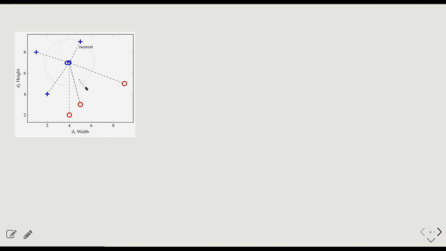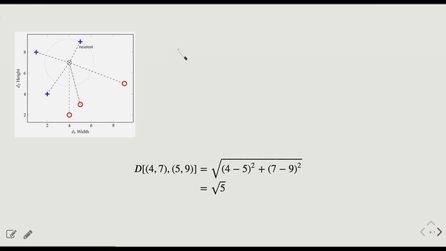So we can compute the distance of this data point to any of the existing data points in the training set, and we can find out that the nearest neighbor is right here at this data point, where the reading should be 5, 9.